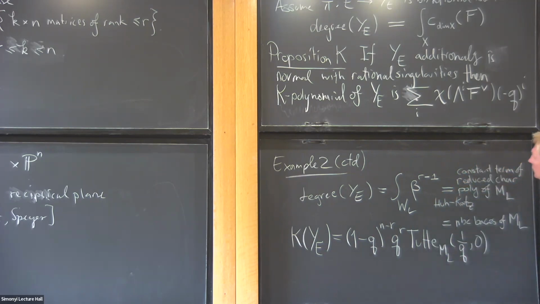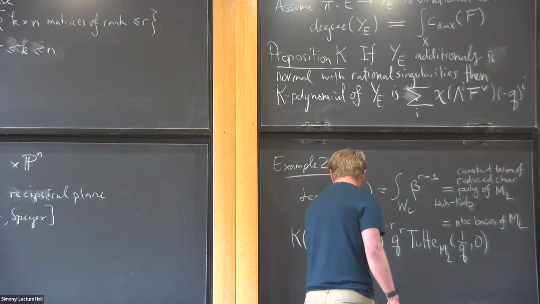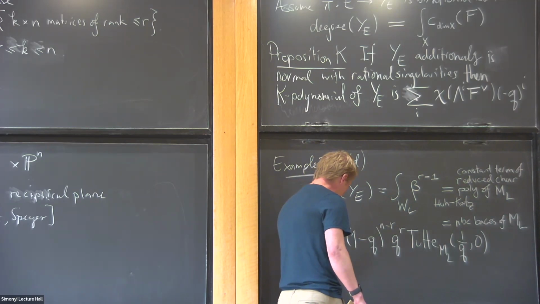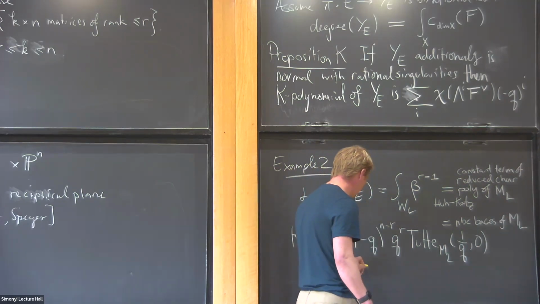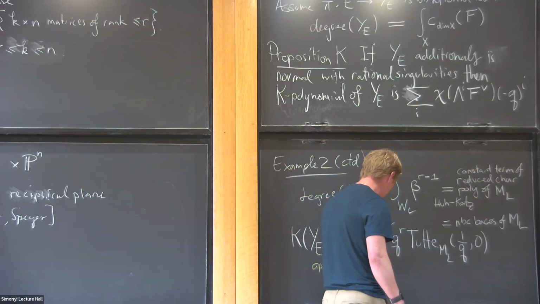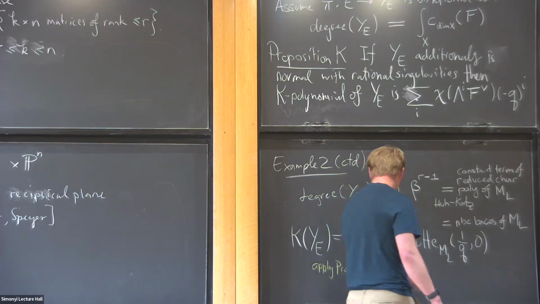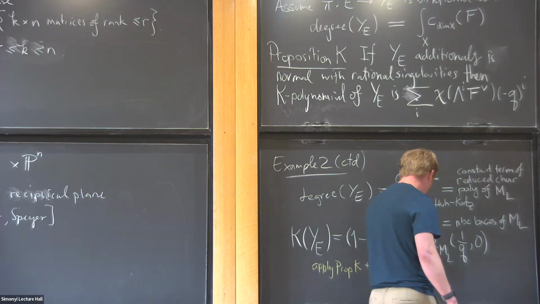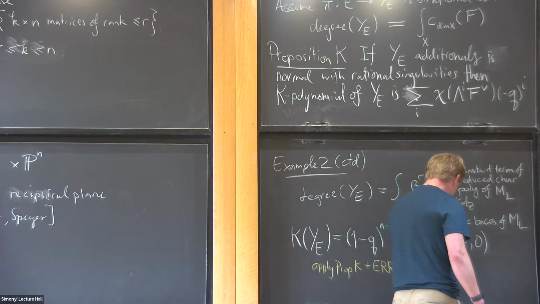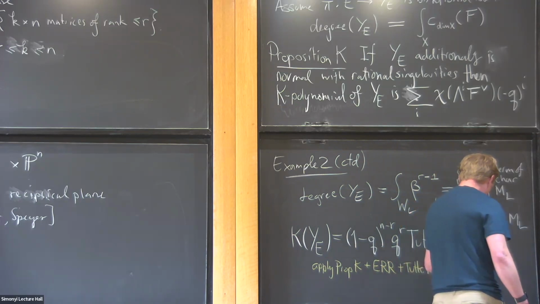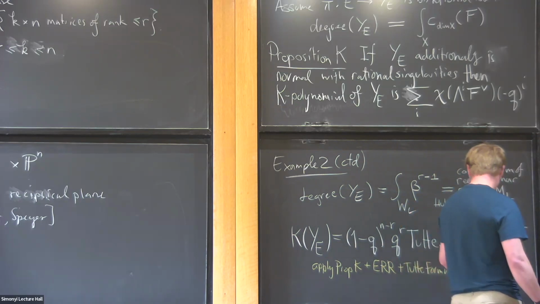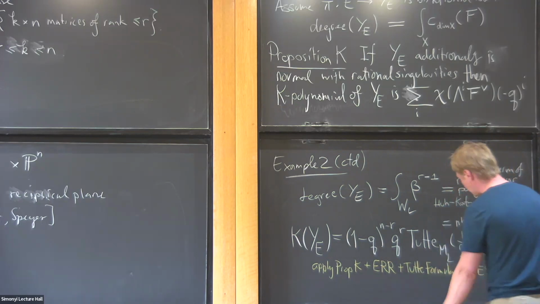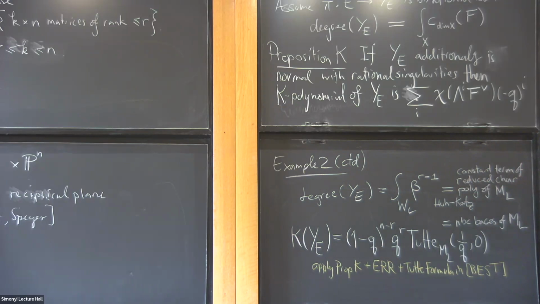So what you do is apply proposition K, and then you apply the Grothendieck-Riemann-Roch isomorphism plus the big Tutte formula in my paper with Chris Eur, Hunter Spink, and Dennis Tseng. And this is what pops out.